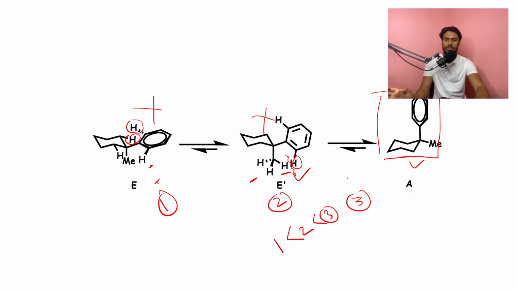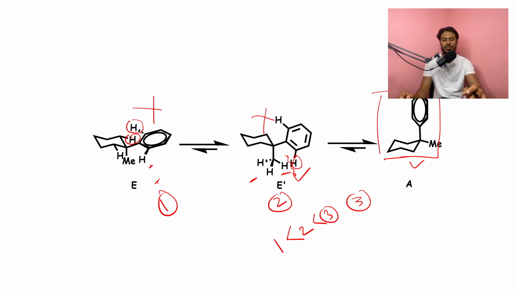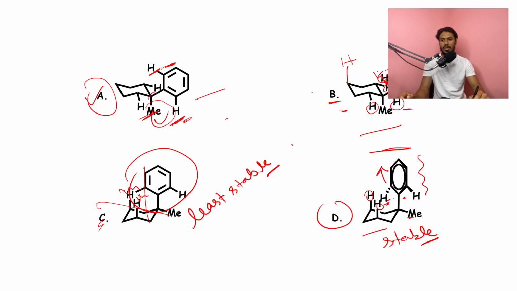This question is very important because you can see that the presence of only one methyl group in this position alters the whole story. If the methyl group was not there, then the story would be different, but because the methyl group is there, the story is something else.